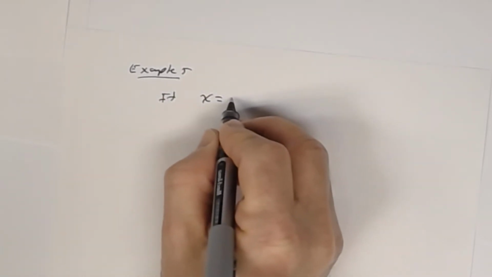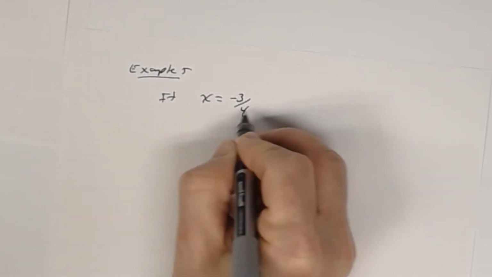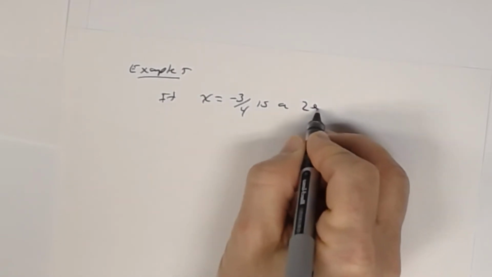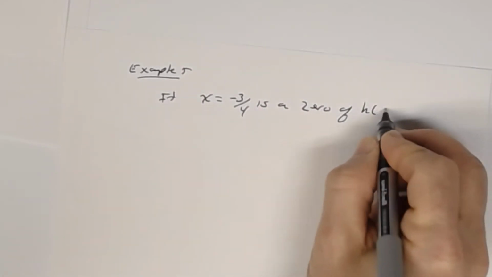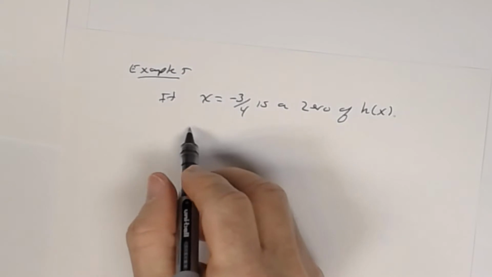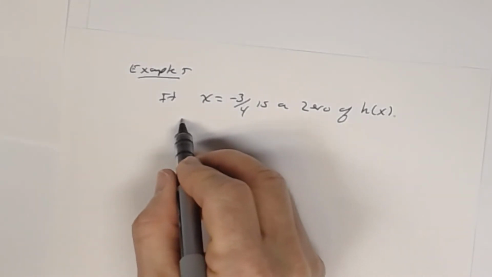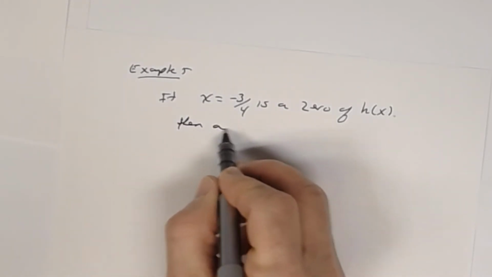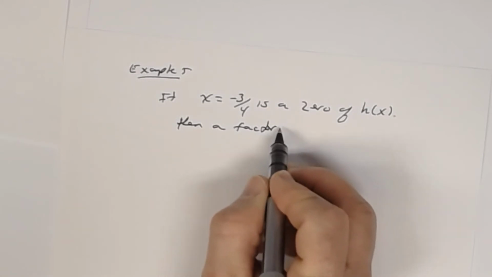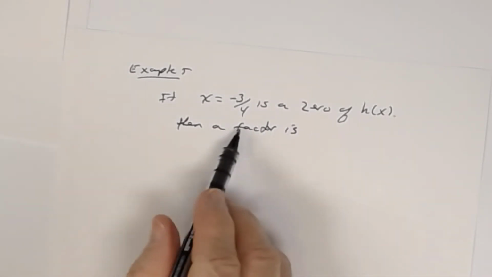If x equal negative 3/4 is a 0 of h of x, then what will be a factor? Then a factor is, all right, so remember what you would do.